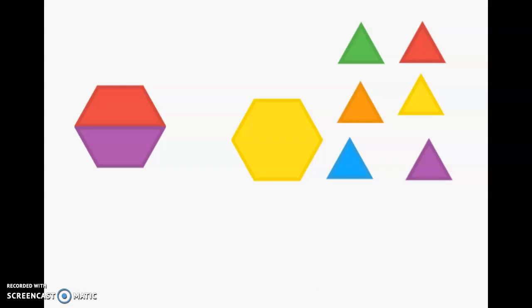Another way that you can build a hexagon is by using triangles. Even though they're all different colors, they're still triangles because color is non-defining. We just need to change the orientation on them to put them together.